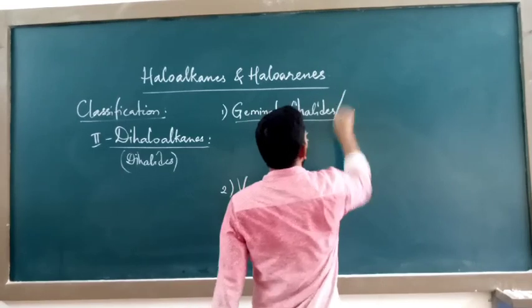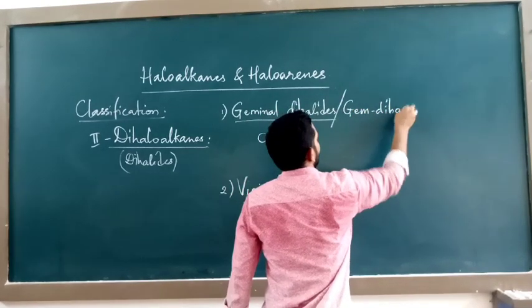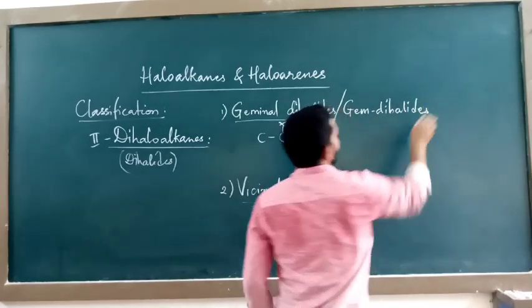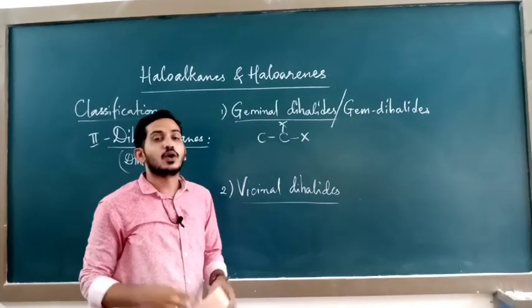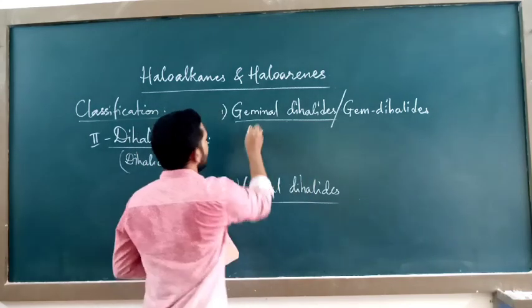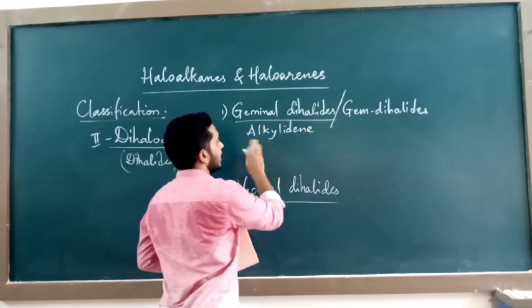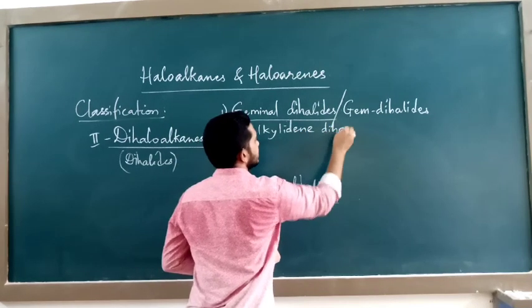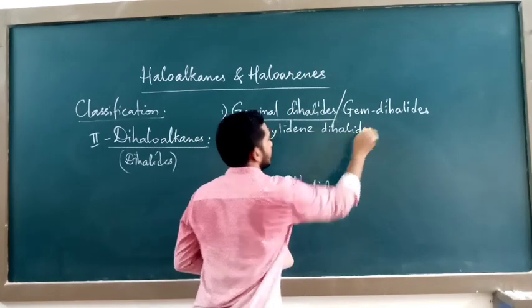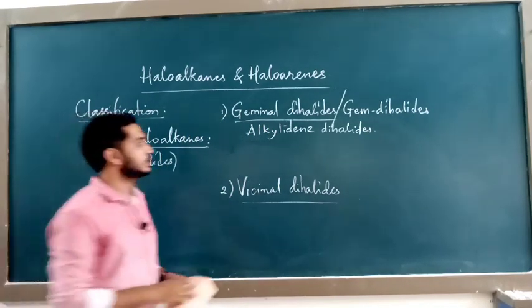Geminal dihalides are also called gem dihalides. Commonly, in common naming system, they are also called alkylidene dihalides, or simply alkylidene halides.